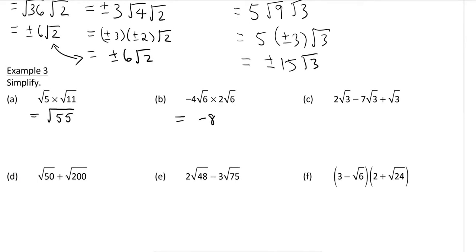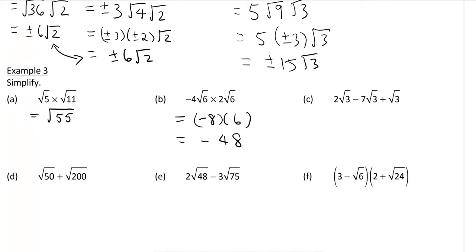Now you've got a root 6 times root 6. What is root 6 times root 6? Well, that will just give me 6. So I'm going to put these in brackets to indicate that we're still multiplying. So this is really negative 8 times 6, which gives me negative 48.